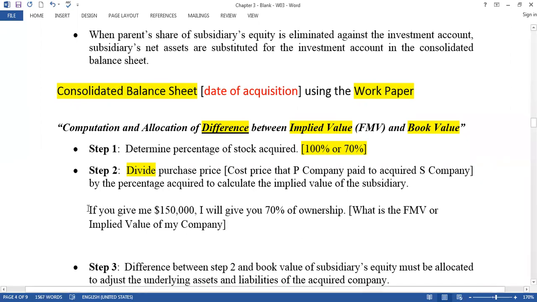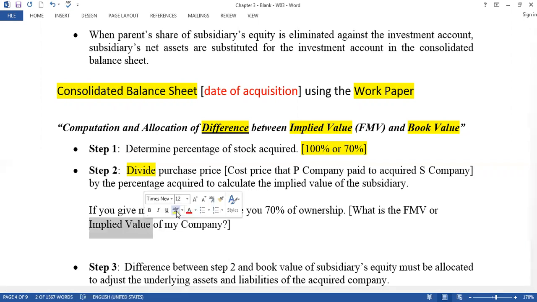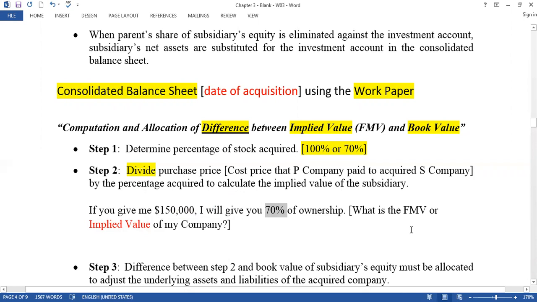So based on this information, you can easily calculate what is the fair market value or what is the implied value of my company. Is it possible? So you give me 150, I give you 70%. So what is the 100%? Fair market value means what is the 100% value of my company?